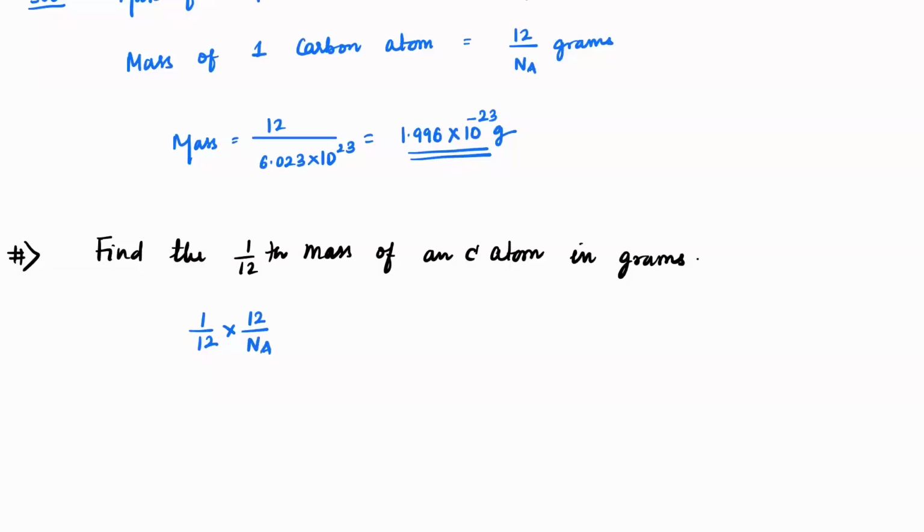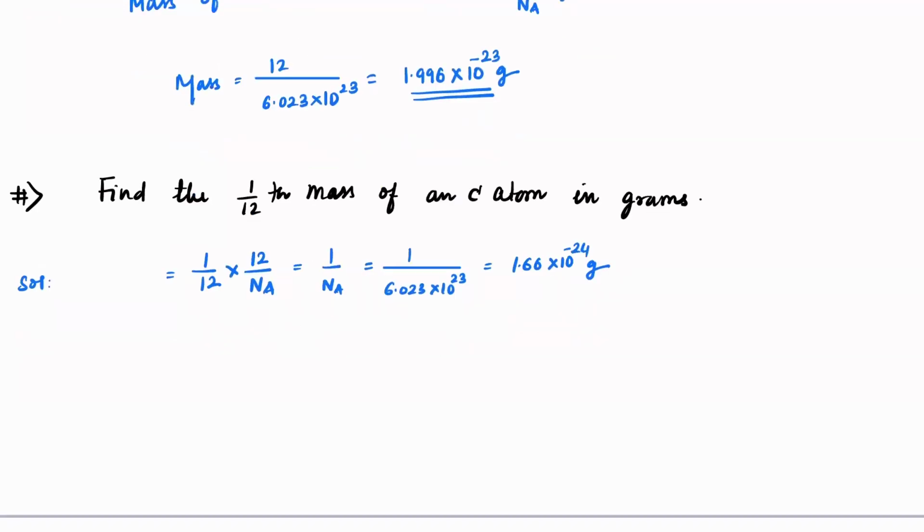So 1/12th of it is equal to 1 by Na, which is 1 by 6.023 into 10 raised to power of 23. That value will come out to be 1.66 into 10 raised to power of minus 24 grams. This will be the mass of 1/12th of a carbon atom.